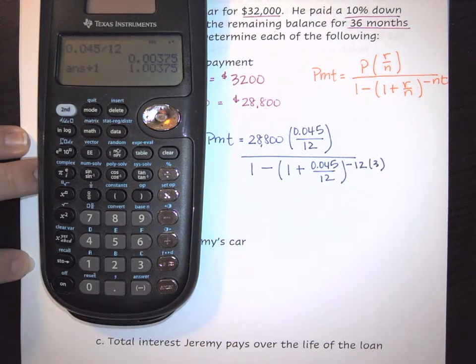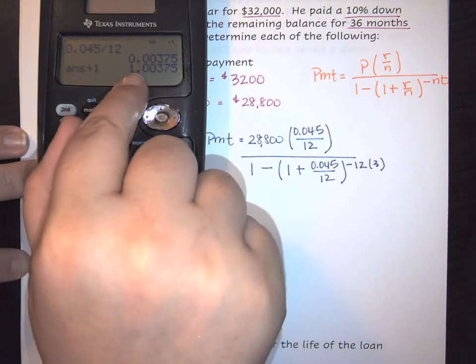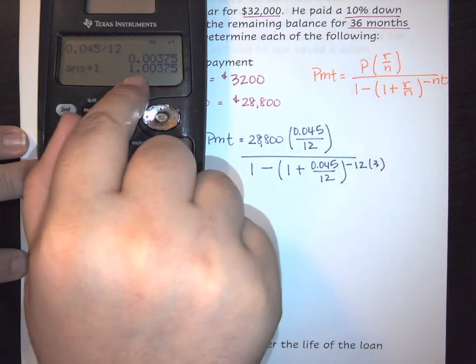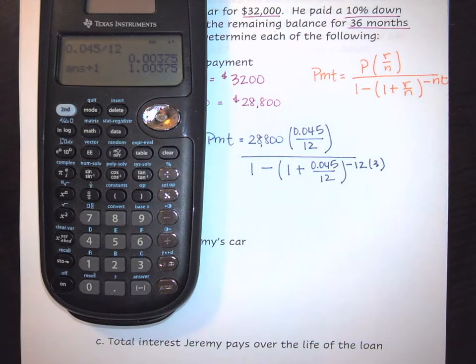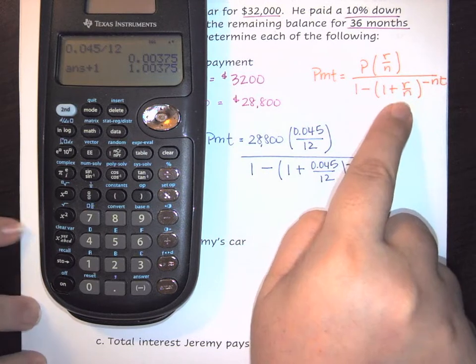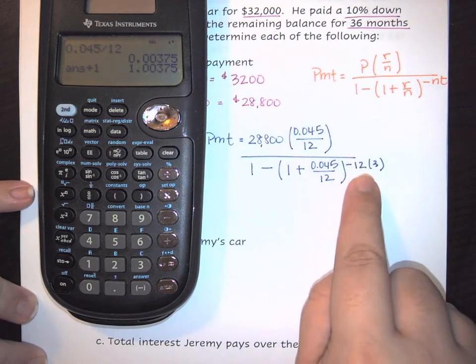So we're going to add 1 to that and hit enter. Now I have a new answer being stored. Okay, so that's why doing this step by step, hitting enter each time and then making sure that you use that previous answer is really going to help you achieve the correct value in the end. Now the next thing we want to do is raise this to a power.